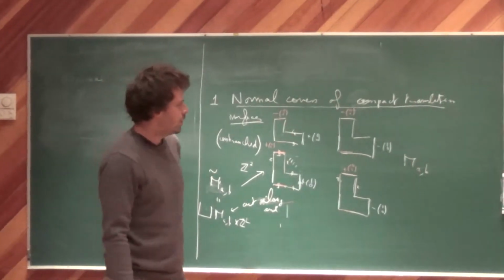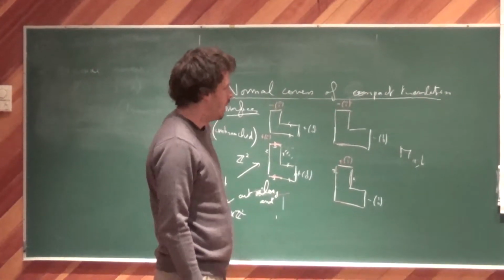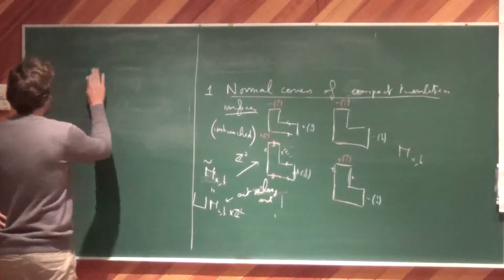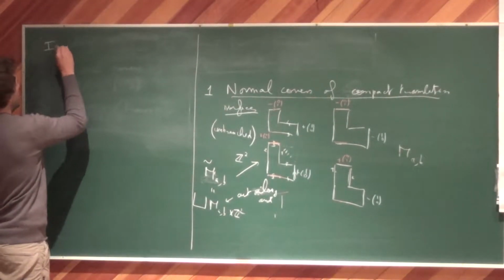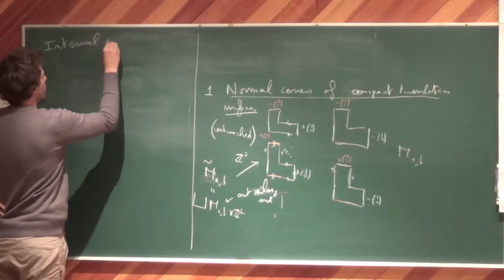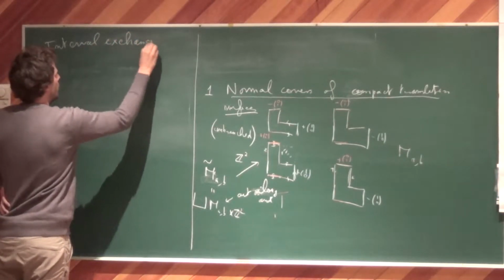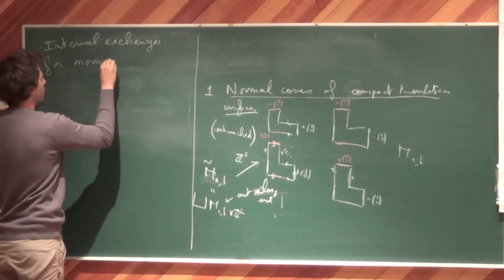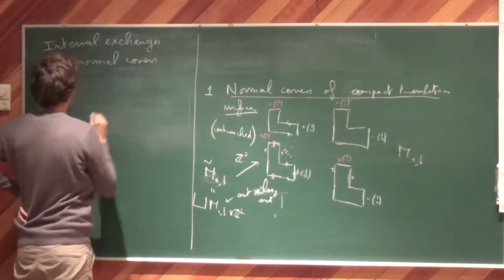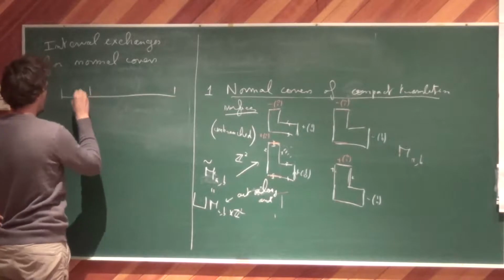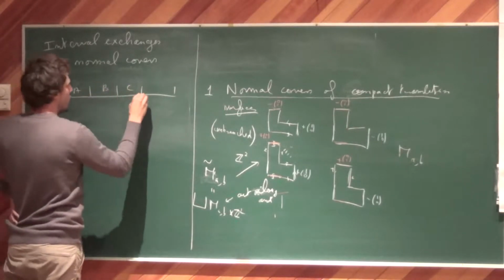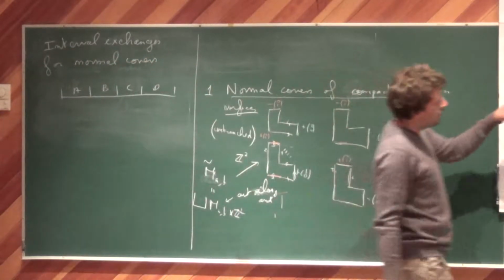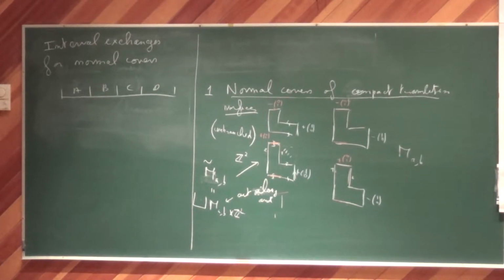So now I want to turn to dynamics. Samuel introduced interval exchanges for normal covers. If you pick exactly the boundary here as a transverse section, I'm always interested in the vertical flow.